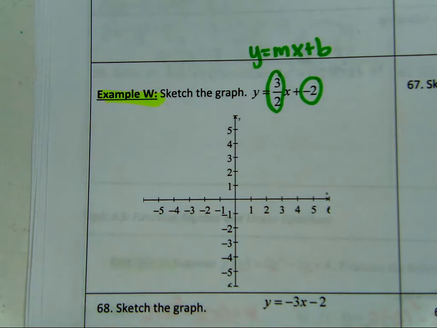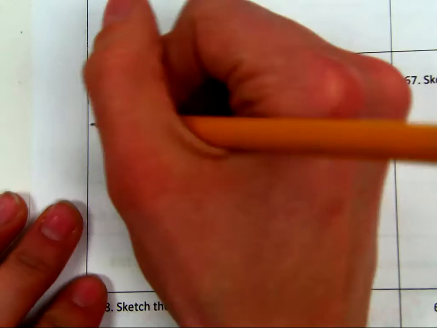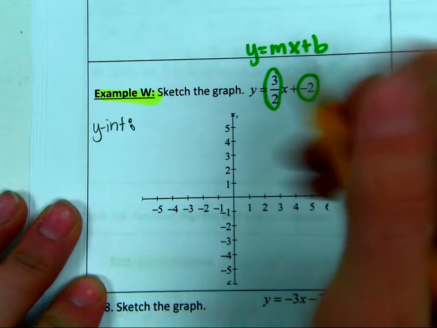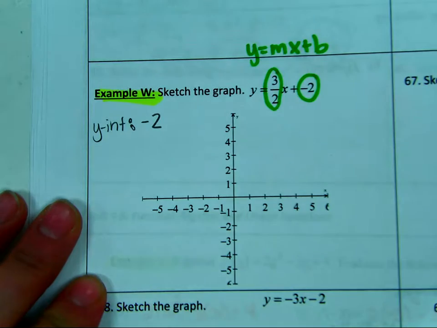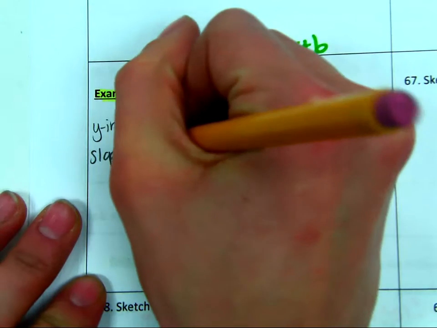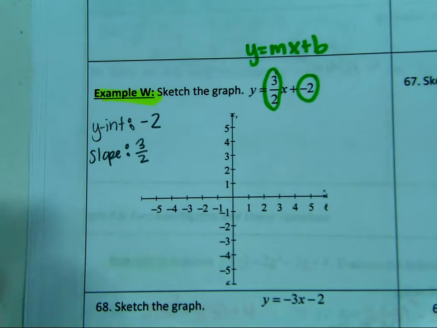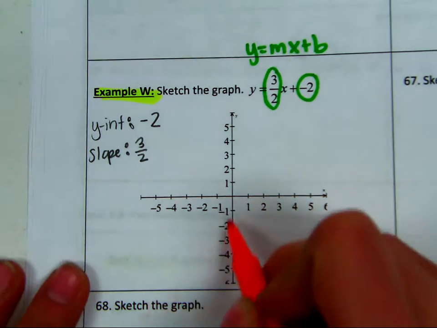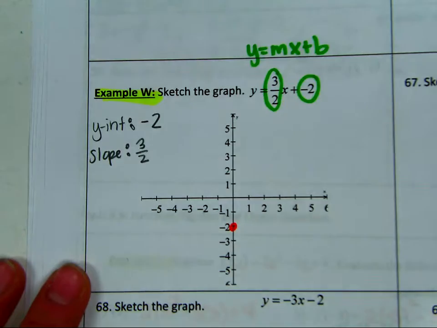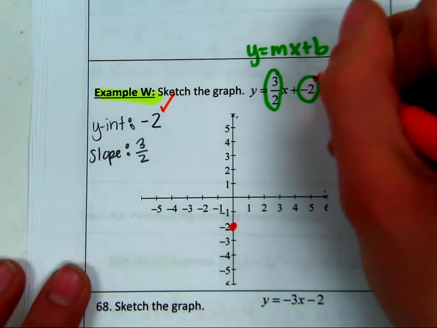So maybe even write that down off to the side, that our y-intercept is going to be negative 2, and your slope is 3/2. So usually we start with the y-intercept on the y-axis. That's the one going up and down. We're going to go down to negative 2, plot the point. So that's our y-intercept, that negative 2.